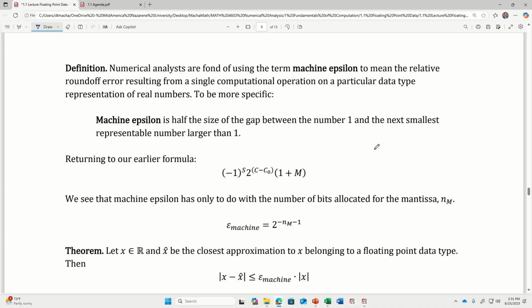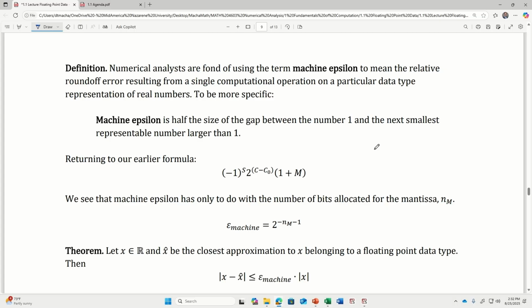So, if I wanted to represent the number 1, the sign bit would be 0. I would choose my characteristic bits so that C minus C0 was 0. That way I would have 2 to the 0 power and it would be 1.